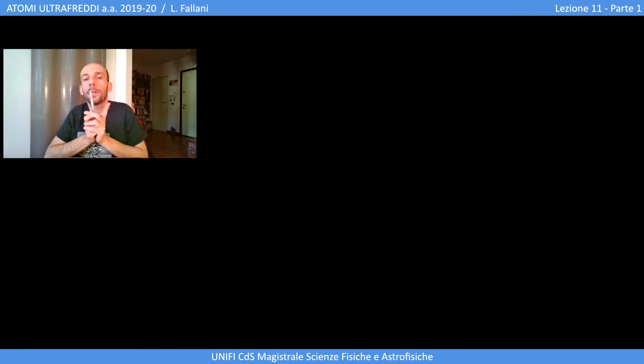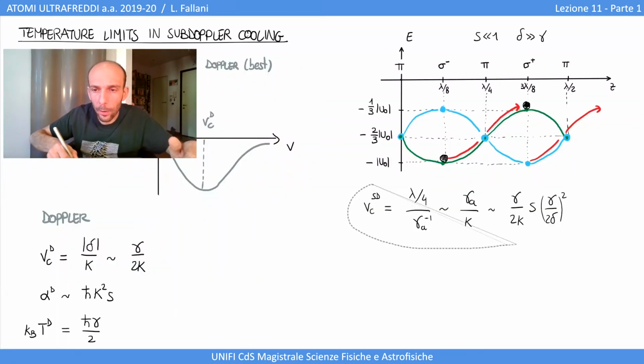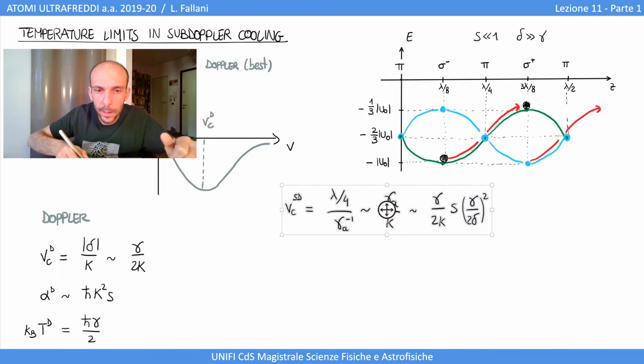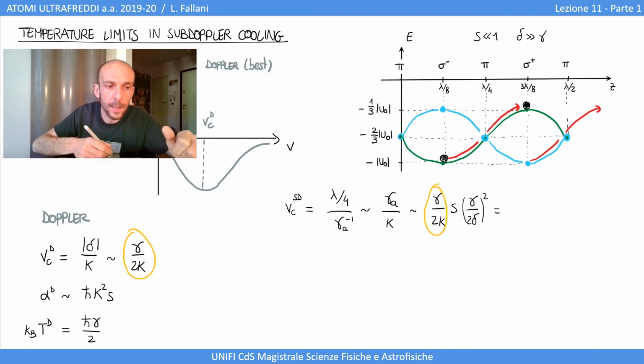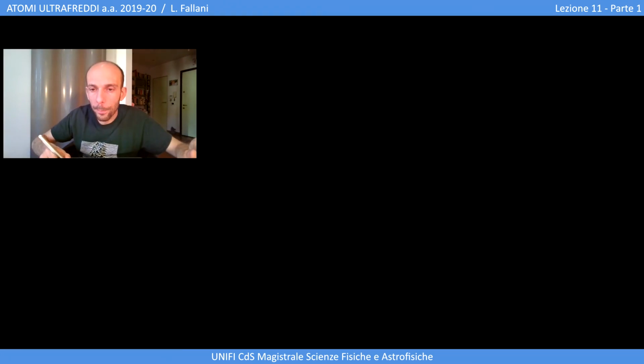And so you can see here that this capture velocity is much smaller than the capture velocity for Doppler cooling. It's easy to see that because I just need to recognize that in this expression we have the capture velocity for Doppler cooling already there, because this is gamma divided by 2k, which is what we defined as VCD. So this is the Doppler capture velocity times S times gamma divided by 2 delta square.